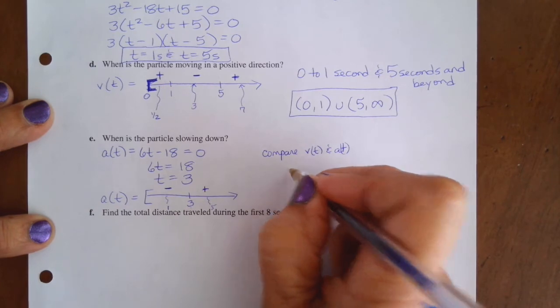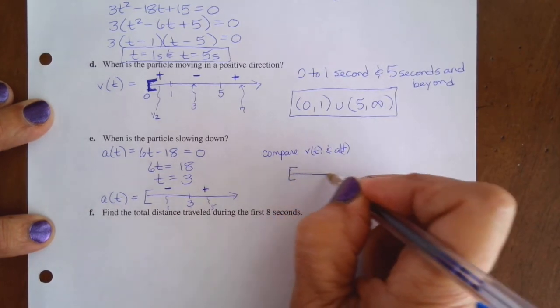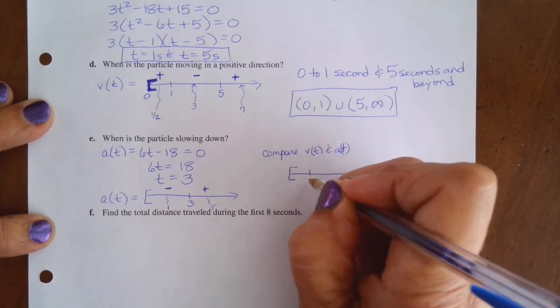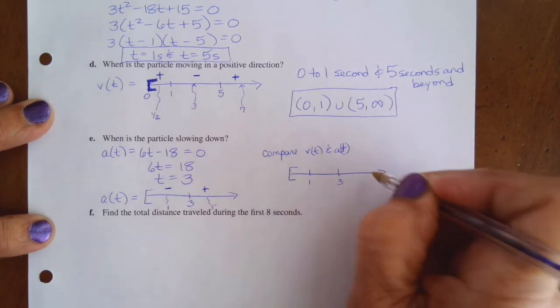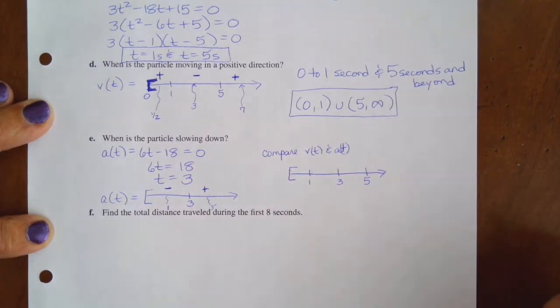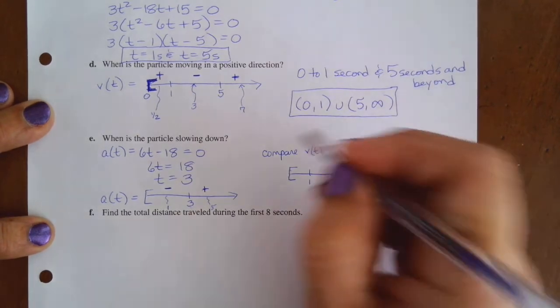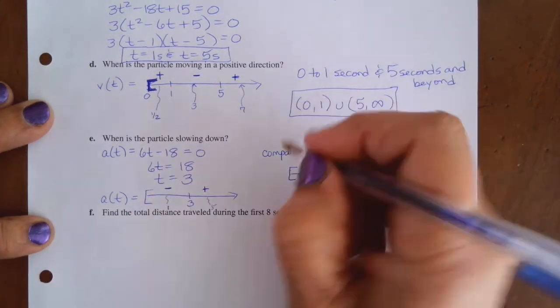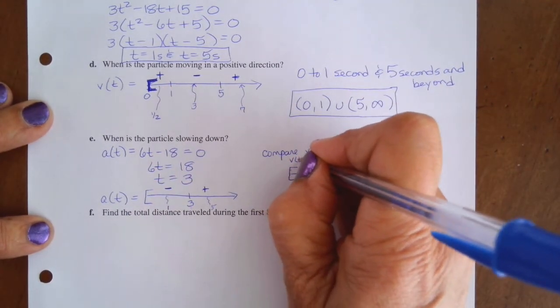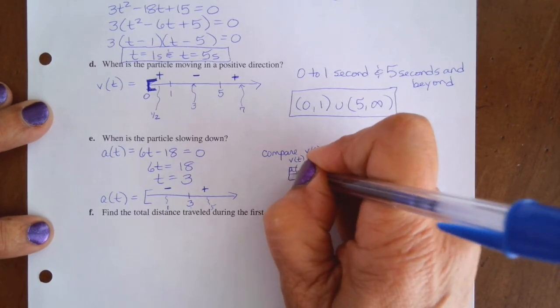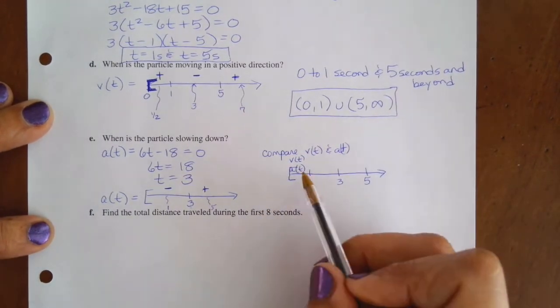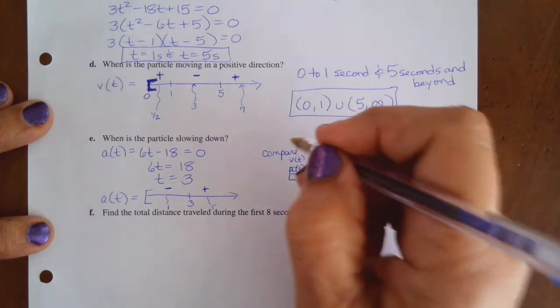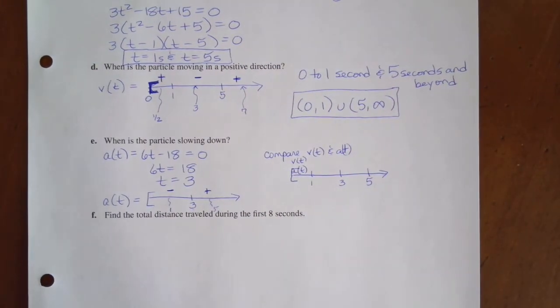So we're going to take our number line. So here's 1, 3, 5, okay? And then we need to put plus and minuses for the velocity and for the acceleration, okay? Well, hang on, I should have left room for that.